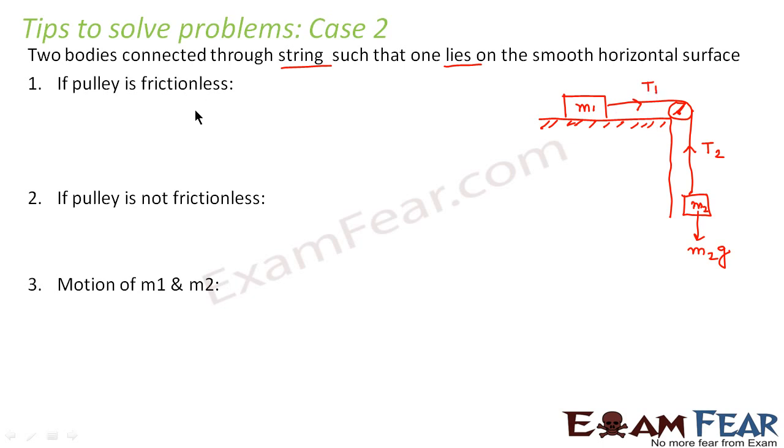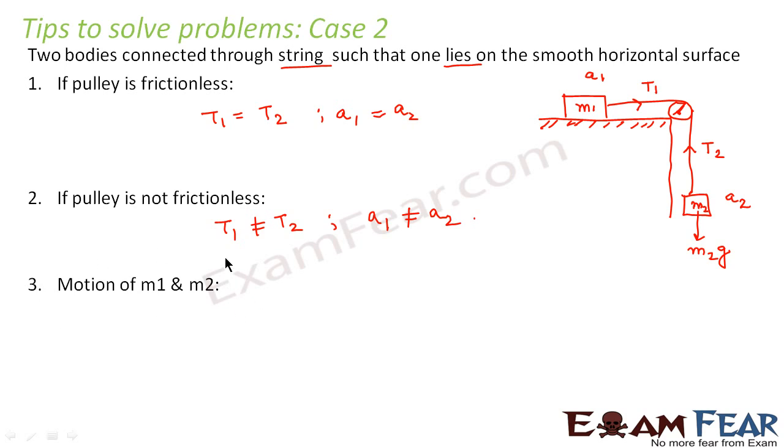So if the pulley is frictionless, T1 will be equal to T2 and also A1 will be equal to A2. Let us suppose A1 is the acceleration associated with M1 and A2 is the acceleration associated with M2. If the pulley is not frictionless, obviously T1 will not be equal to T2 and also A1 will not be equal to A2.